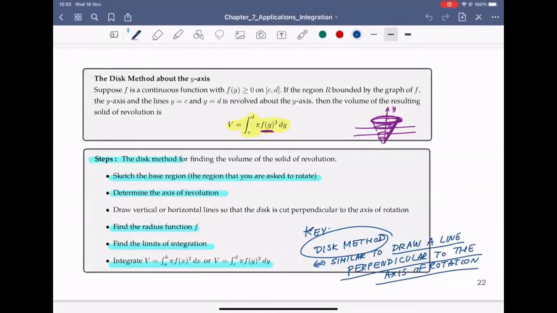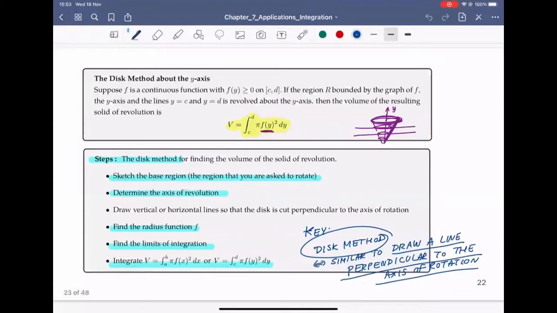Then we find the volume of that solid by cutting the solid, and you're going to see that your cross section is a circle, so you can use the area pi r squared, and then you just plug it into the integration, and that will be your formula for this method.